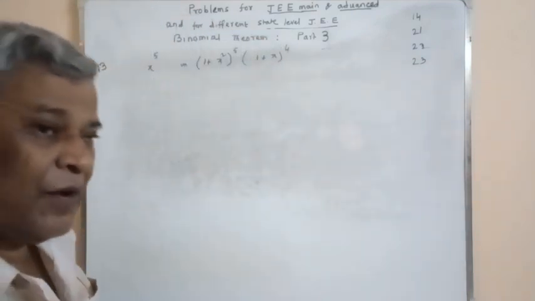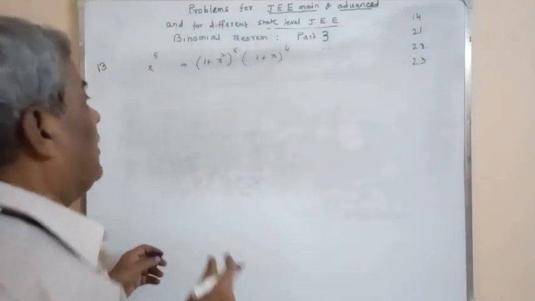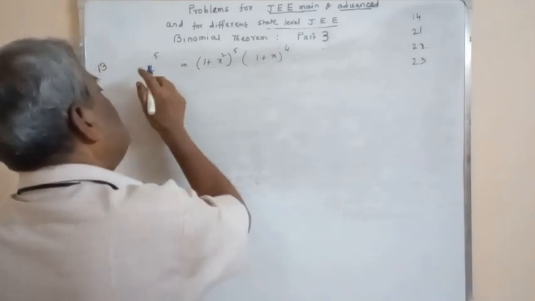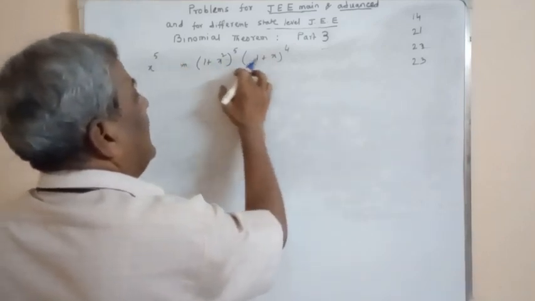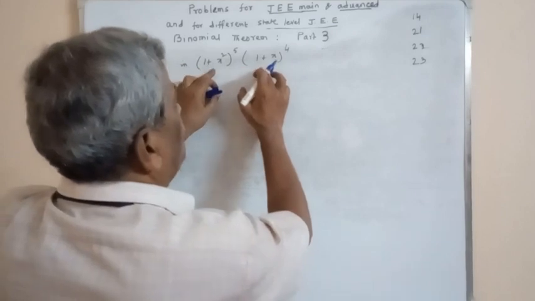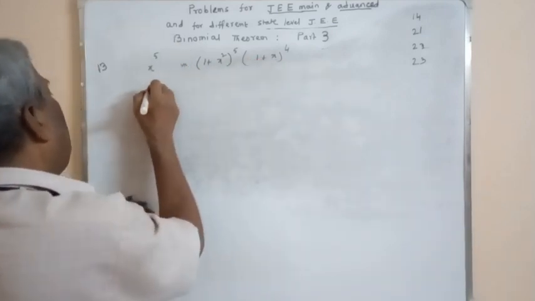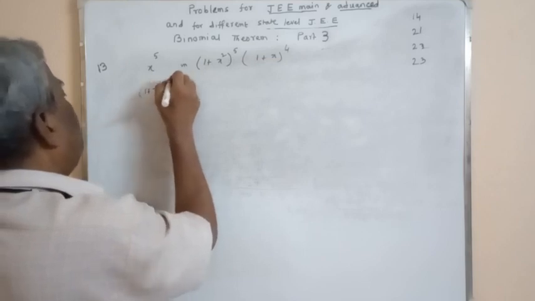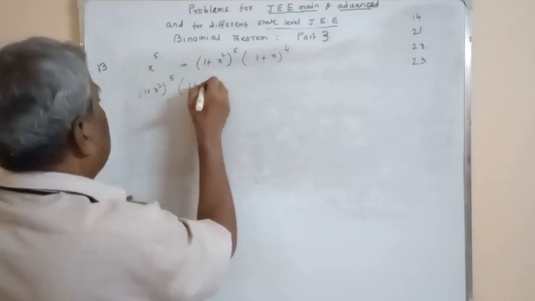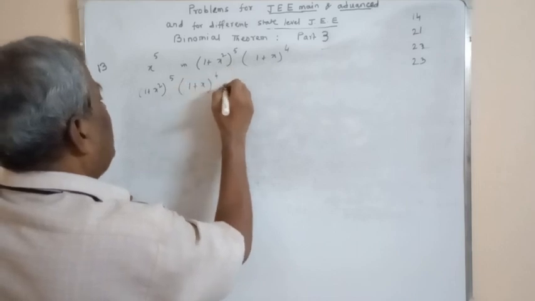Okay. Here also the problem is very straightforward. We have to find the coefficient of x to the power 5 in that expansion. Here is a product of two terms. Now this one is equal to 1 plus x squared to the power 5 into 1 plus x to the power 4. Expand it.